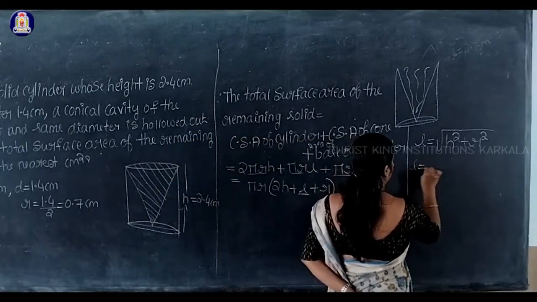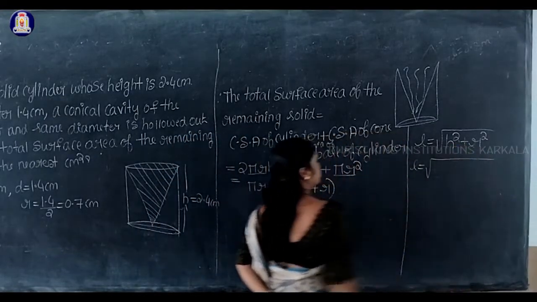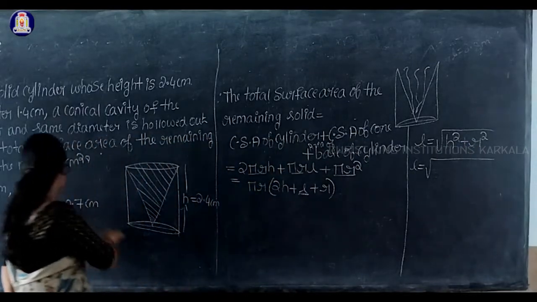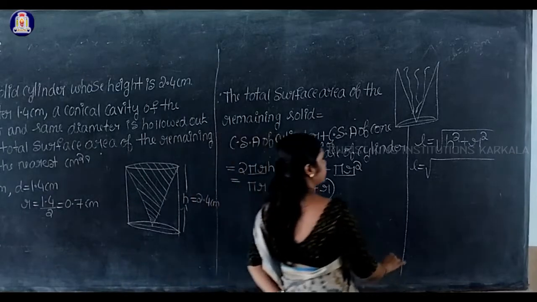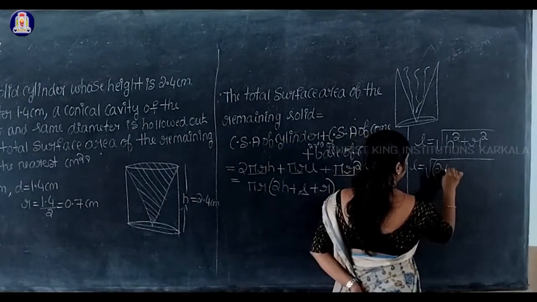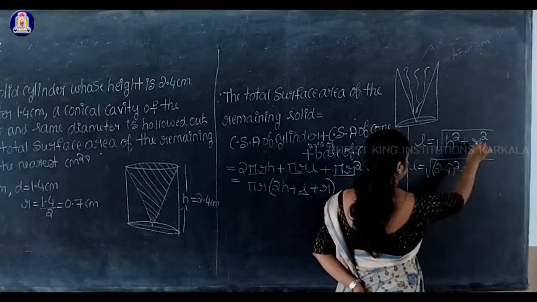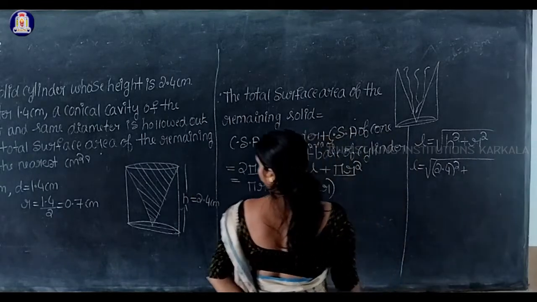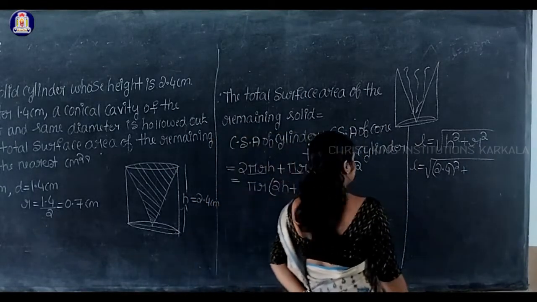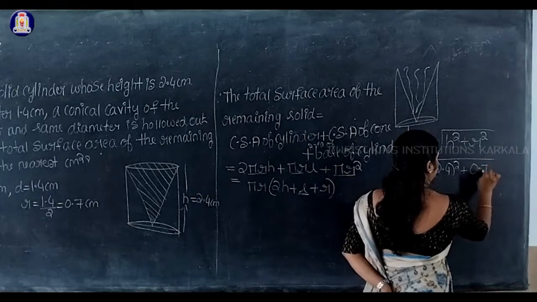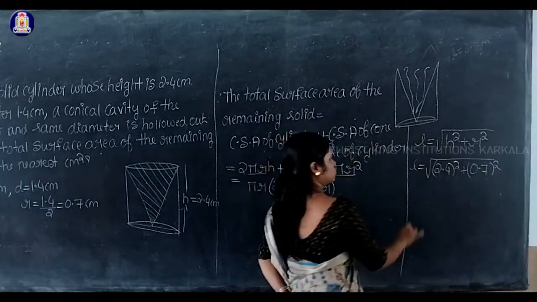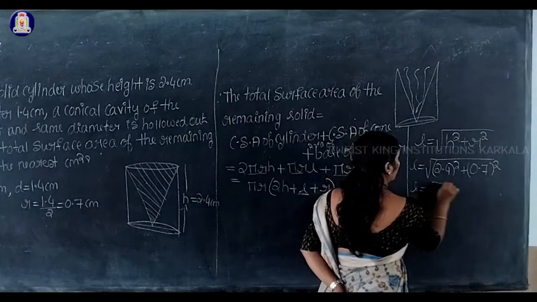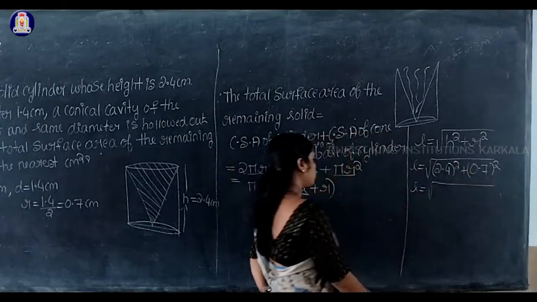L is equal to square root of h, which is 2.4, whole square, plus radius, which is 0.7, whole square.